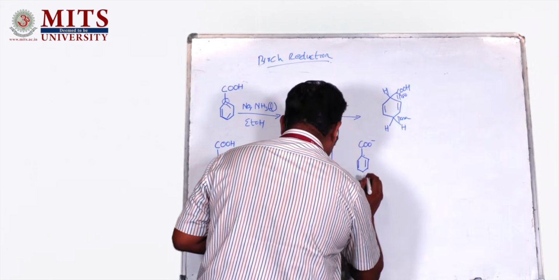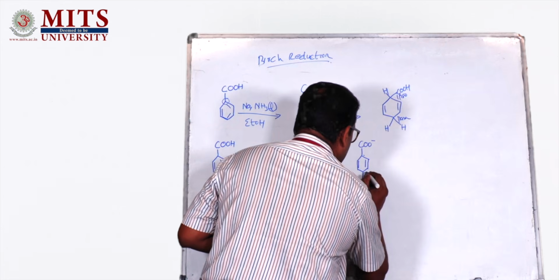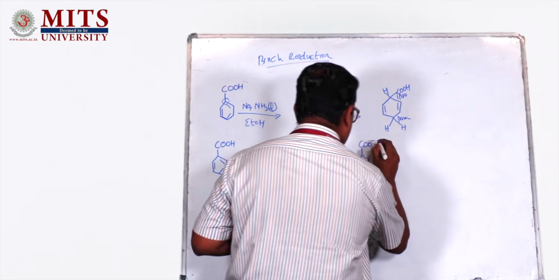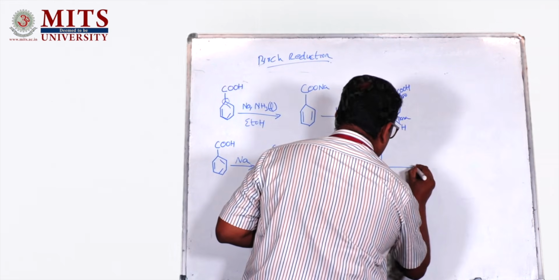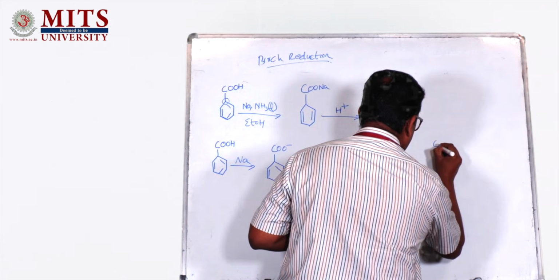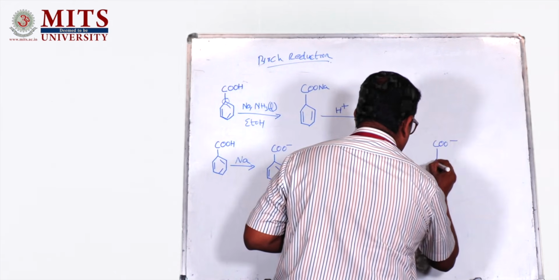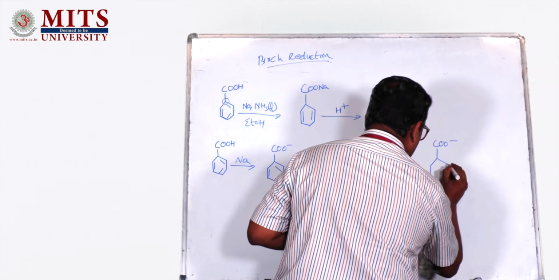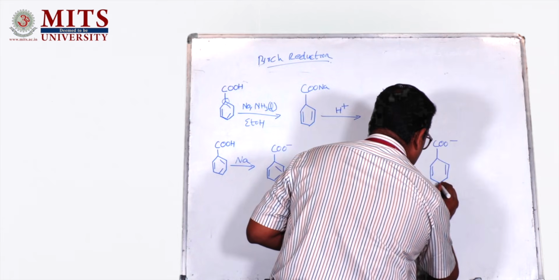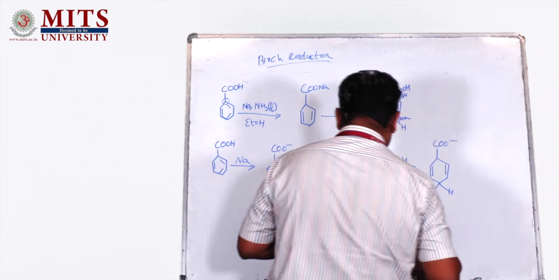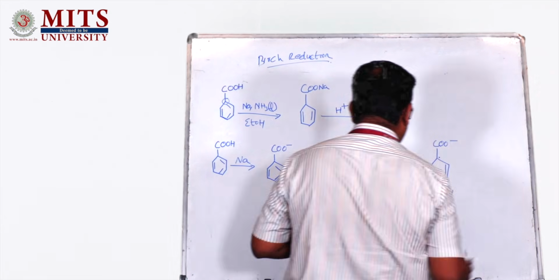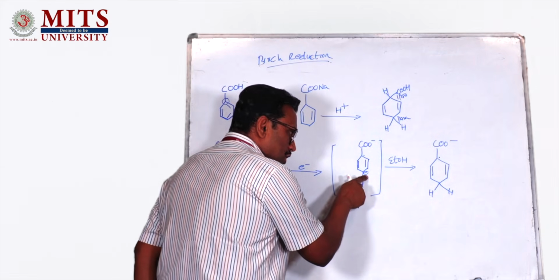Radical anion. Here you can see electrons are present.